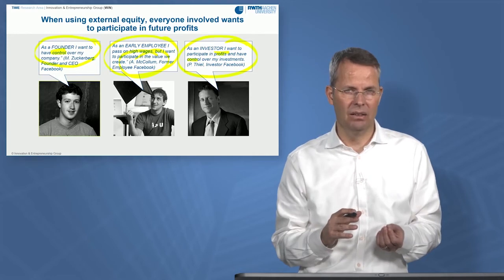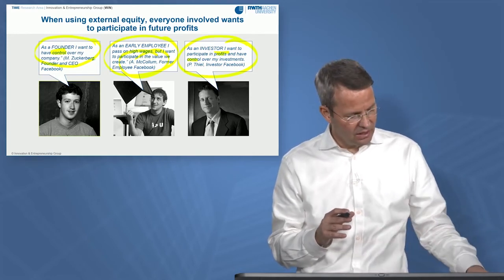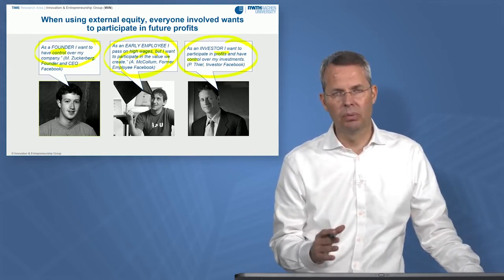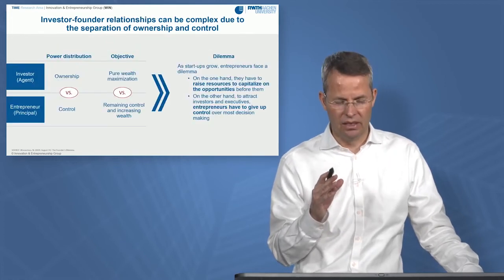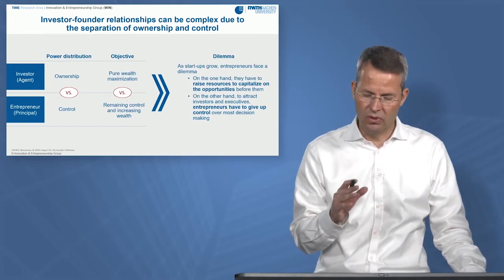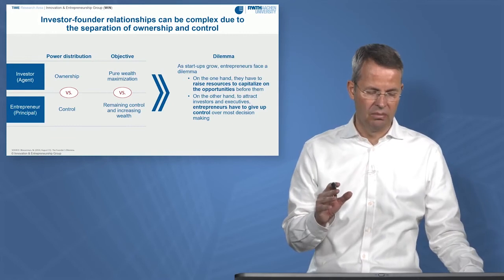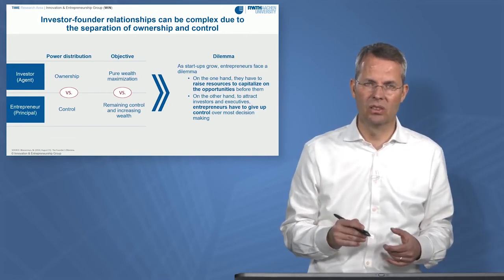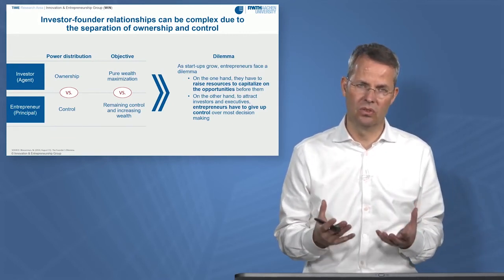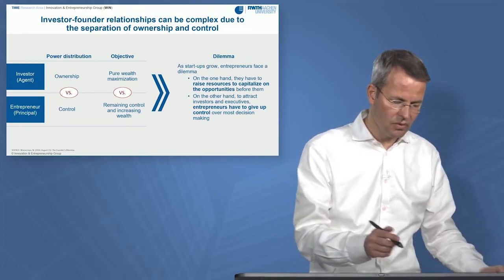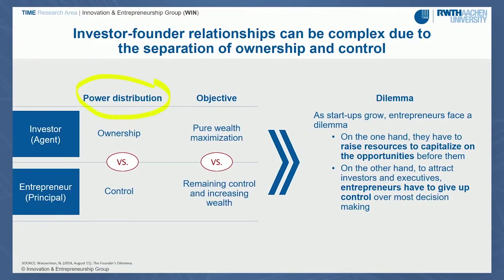What is that about? This is a very important point for a startup CFO, for entrepreneurial finance in general, because this is the question between ownership and control. The question of power distribution, which is associated with equity capital.